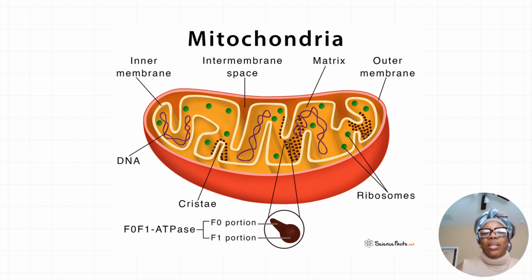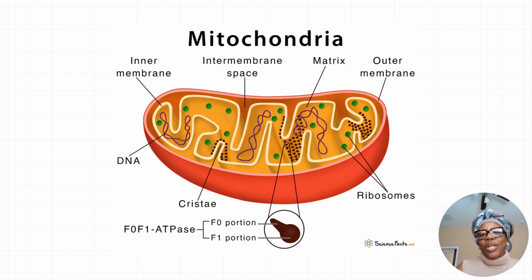But again, it also has its own interior structure. It has different little folds in it called cristae, but it also has ribosomes. And if you recall, I believe we discussed the fact that ribosomes play an important part in protein synthesis. So if mitochondria have their own ribosomes, that also means that mitochondria can produce their own proteins, because in addition to the ribosomes, they also have their own DNA.